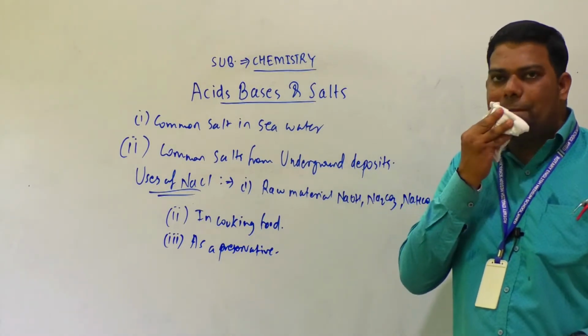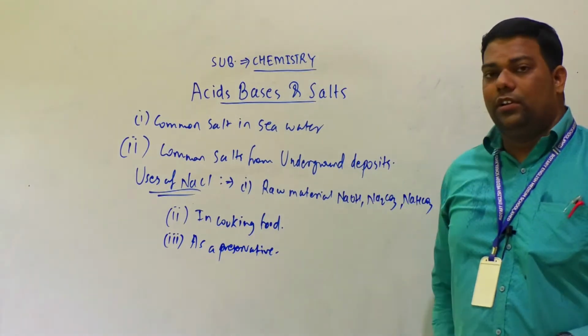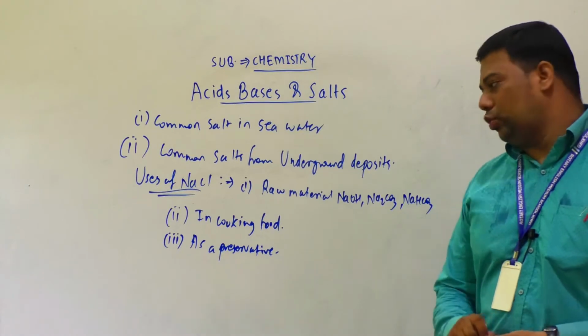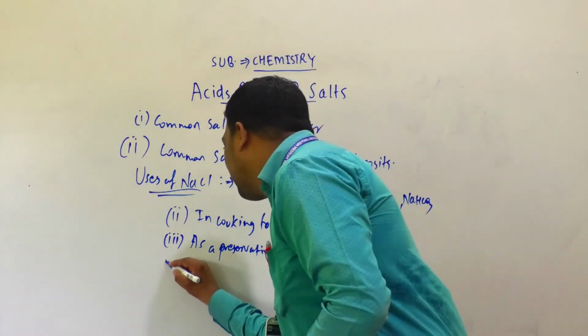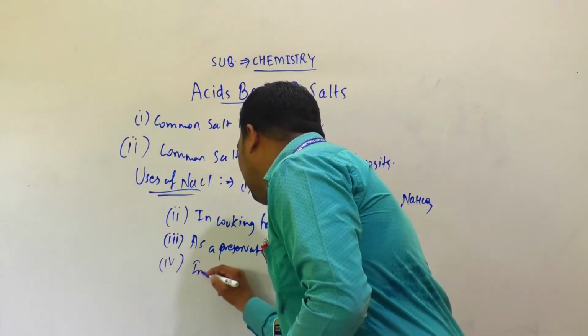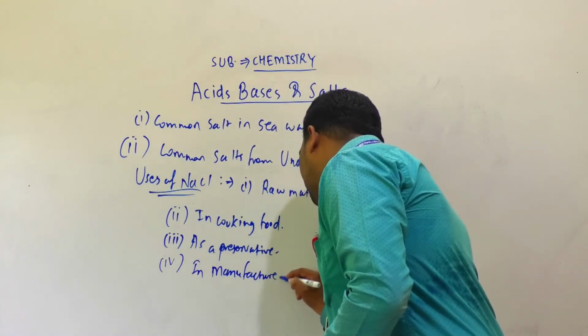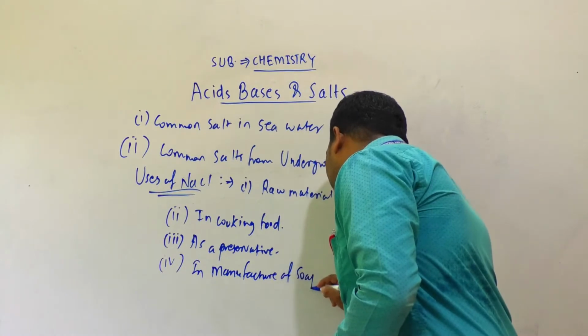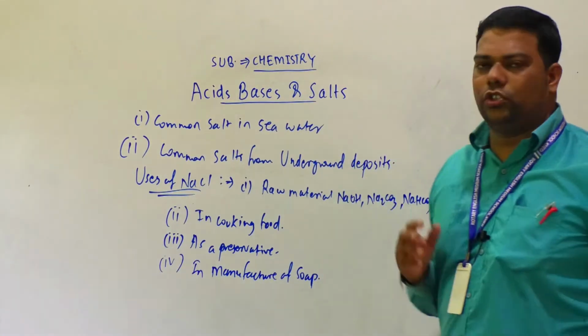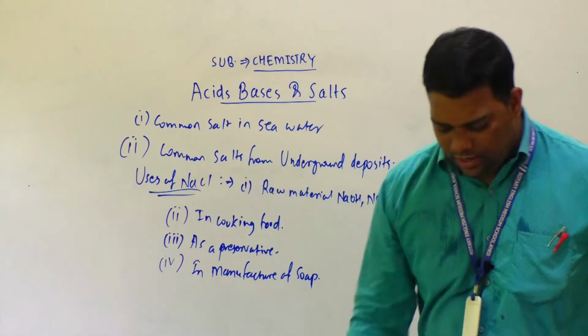Fourth, in the manufacture of soap. So there are many uses of NaCl. Understood?